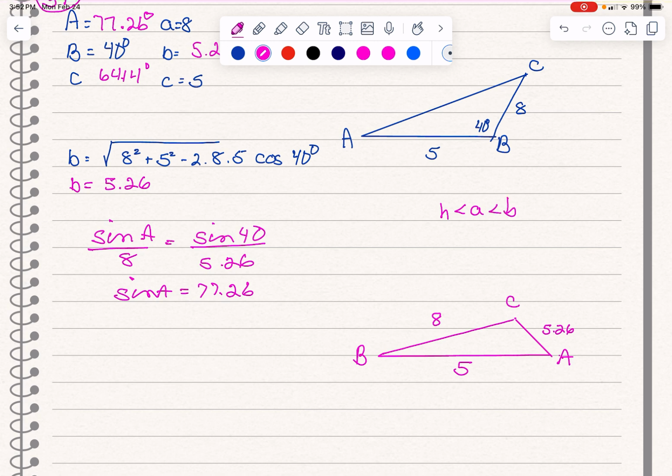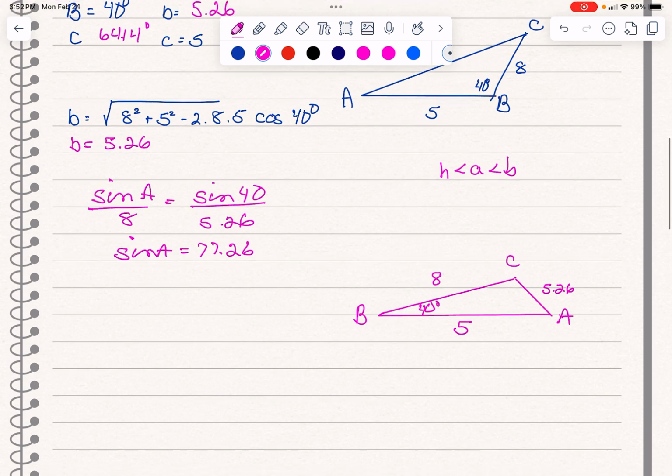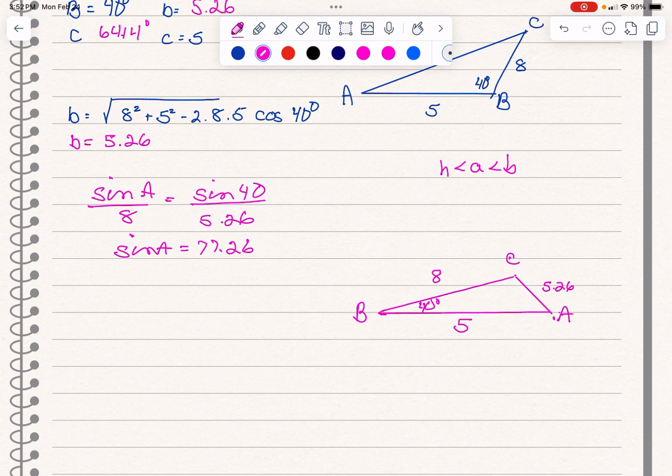But we can't always think of it as A and B. We think of A as the side across from the known angle, and B as the side we don't know the angle for. So let's rearrange this problem and put B, A, C. The 40 degrees is here, the side opposite is 5.26, and the side we don't have an angle for is 8.